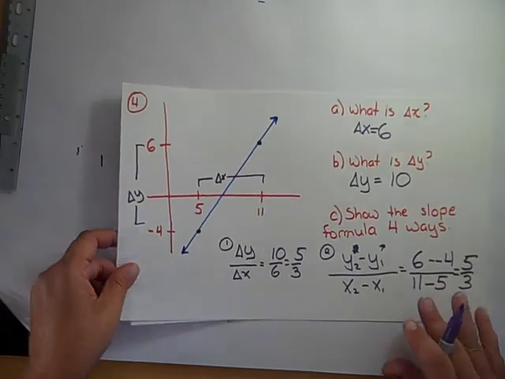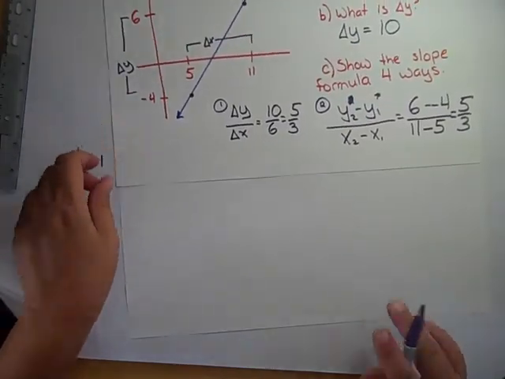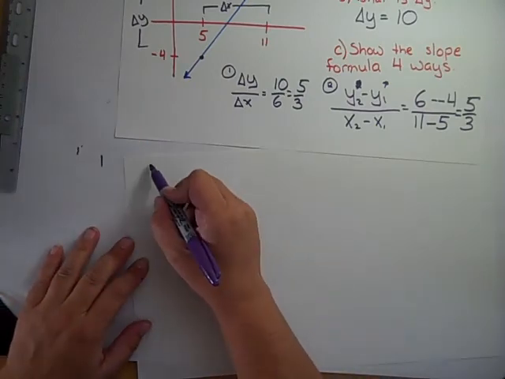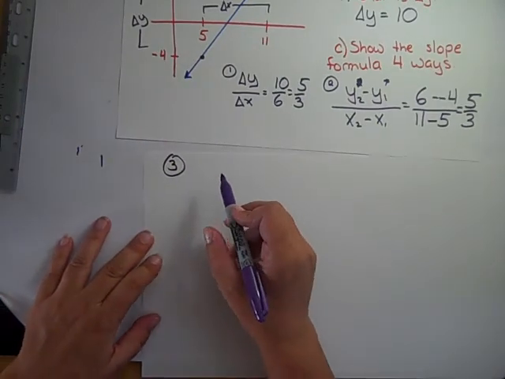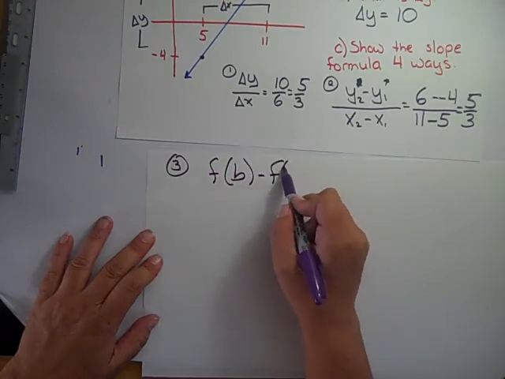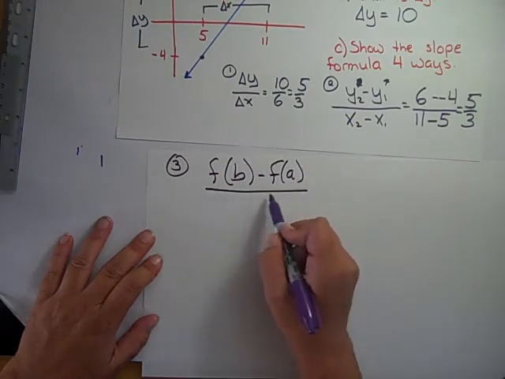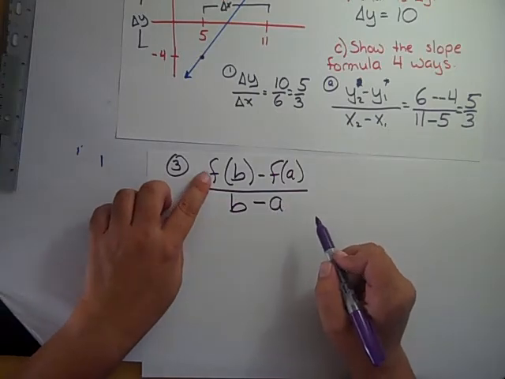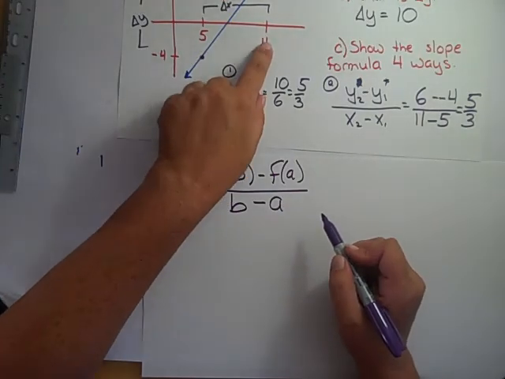And let's see, a third way would be, this is an important one, f of b minus f of a over b minus a. So what is f of b? Well, here's our b value.